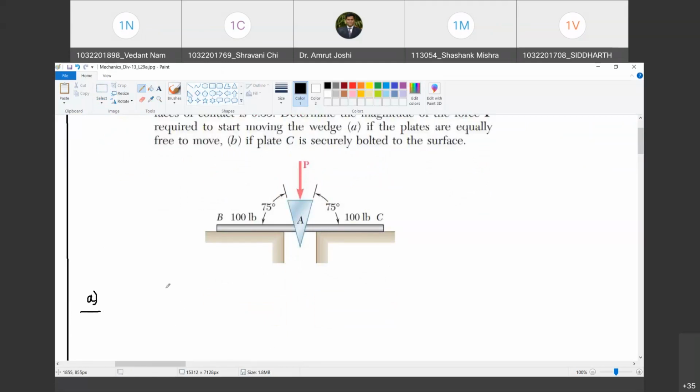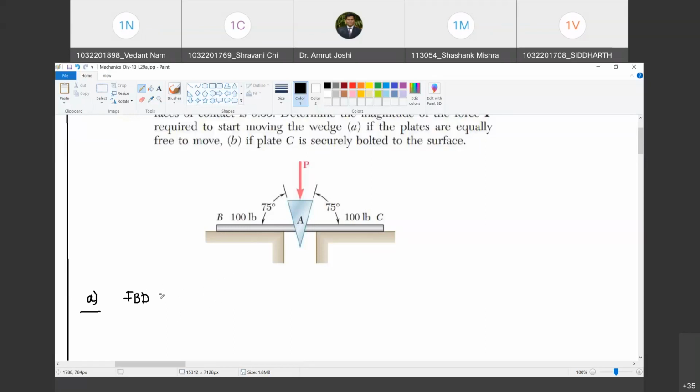What should be done? Free body diagram of P. Yes, I need to draw free body diagram of A. Sorry, no, A is not the outermost point. I will have to draw the free body diagram of B or C. Are you with me? Yes, sir. So let me draw the free body diagram of B.